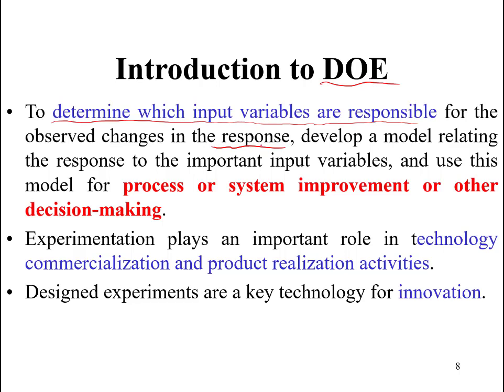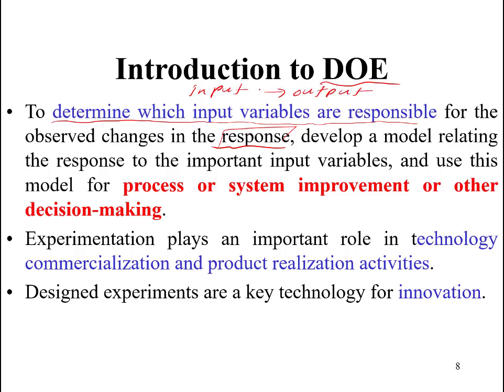And the result will be our responses, like the quality of the fried rice. If you can have a table to score the quality of the fried rice, that can be a response for our experiment.